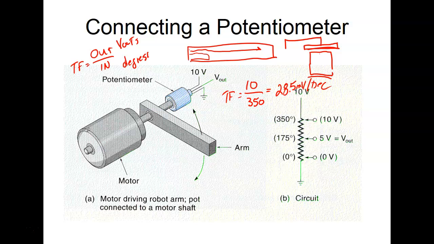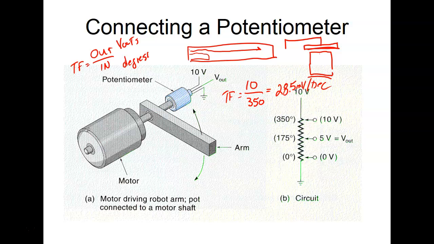So now if I know the transfer function, I could give you any degree, and you should be able to tell me what voltage I'm going to get out. That makes sense? So 175 degrees, which is right in the center, multiply that by 28.5 millivolts, and it should give you 5 volts, depending on how much you round. So what do we got?